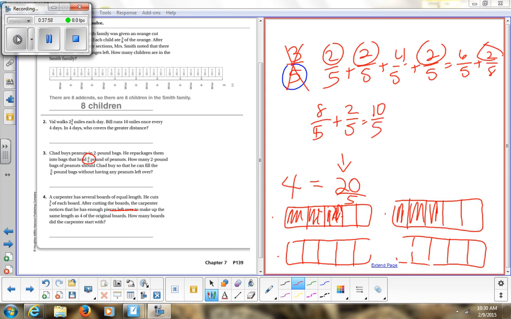No, 2 fifths plus 2 fifths plus 2 fifths. Oh, it's supposed to be an equal sign right there. Okay, and I keep doing this until I get to 20. Your answer should be 10. All right.